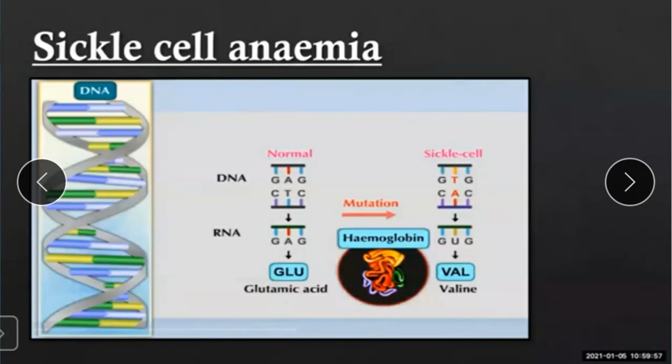When it is replaced by valine, the shape and structure of the hemoglobin molecule changes, and this change causes the erythrocytes or RBCs, red blood corpuscles, which are biconcave, to become sickle shaped.